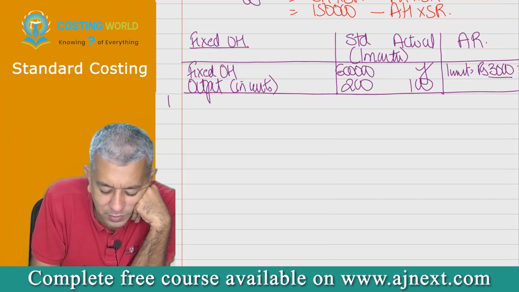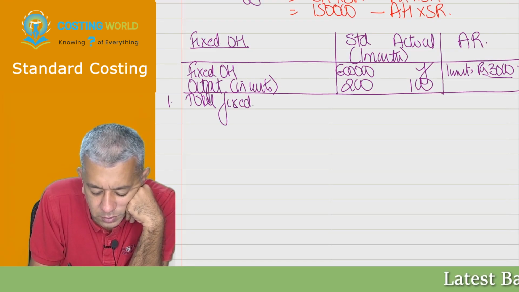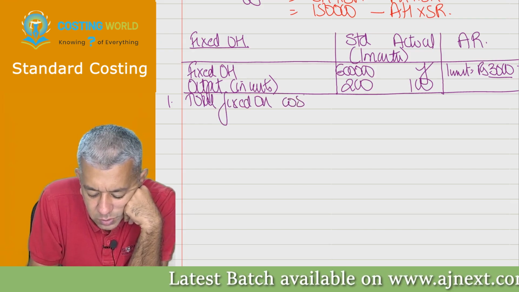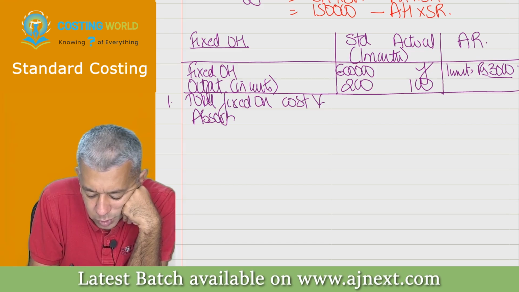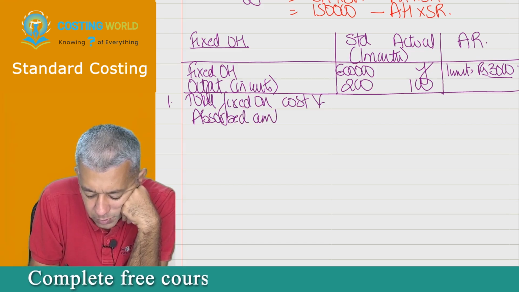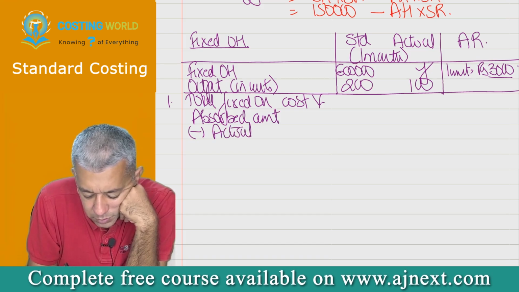Let's start with our variances. Total fixed overheads cost variance. First variance is under absorption or over absorption. For that you require absorbed amount. For that you require actual amount.